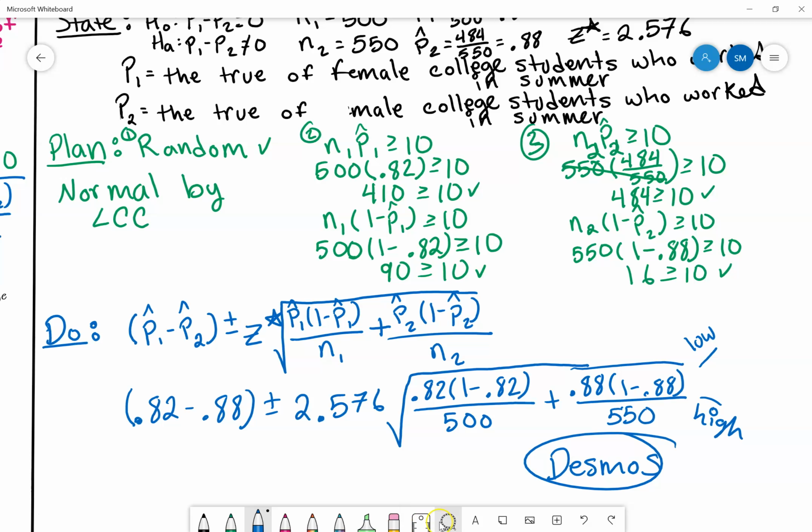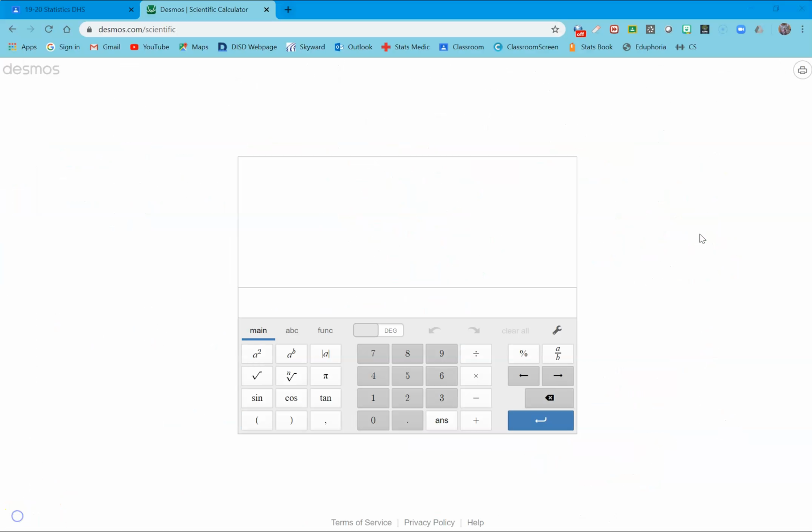So, alright, so we're going to do parentheses. We're going to click in the place parentheses 0.82 minus 0.88. What was it?